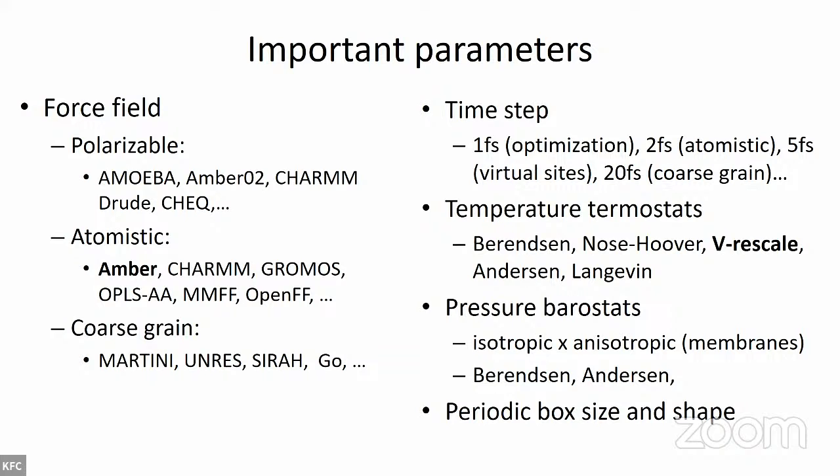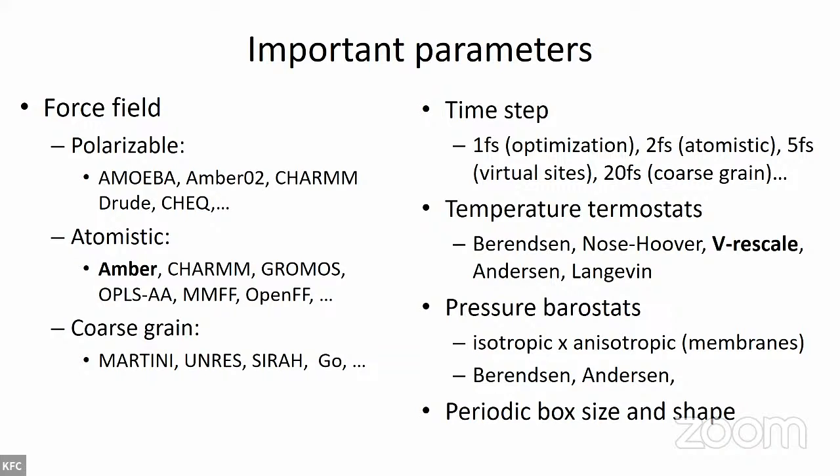In our simulations, we usually need to set up also a temperature and pressure. And for temperature, it's important to use a thermostat that is taking care of the temperature. For a long time the most used one was Berendsen, but it was shown that the Berendsen thermostat unfortunately is giving a non-canonical ensemble at the end.